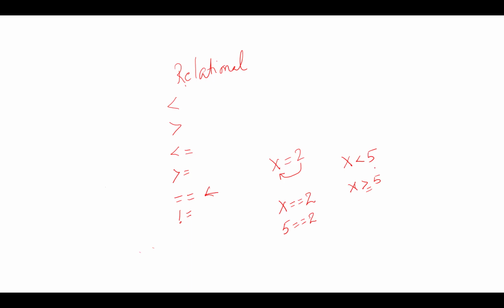If the condition is true, then it is going to return true or 1. If the expression is false, it is going to return false, or you can say 0. Okay, so on true the expression will return 1, on false the expression will return 0.